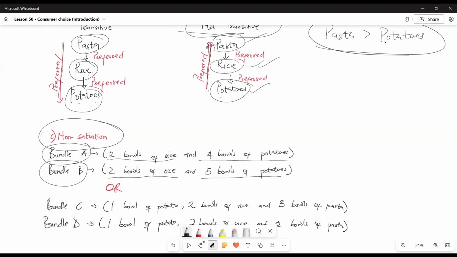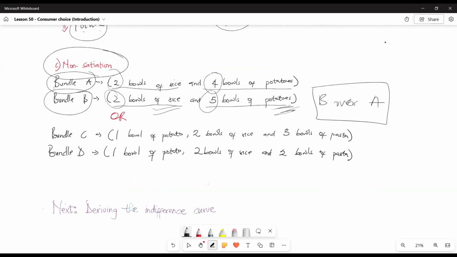So in bundle A, we have 2 bowls of rice and 2 bowls of rice in bundle B. But when we look at potatoes, we have 4 bowls of potatoes in bundle A and 5 in bundle B. Now, even though the rice is the same in both bundles, because potato is more in bundle B, Ella should prefer B over A.